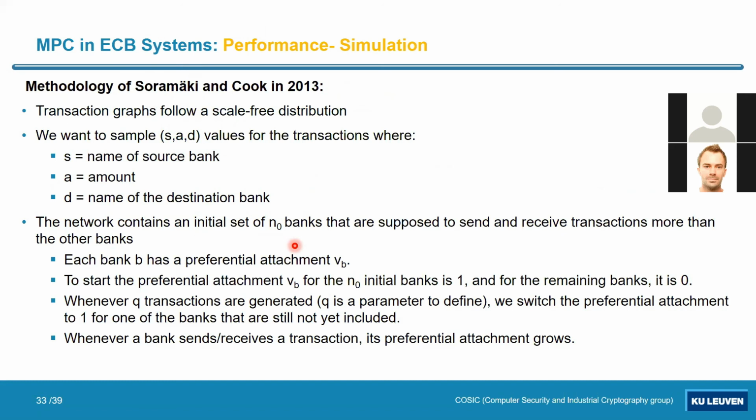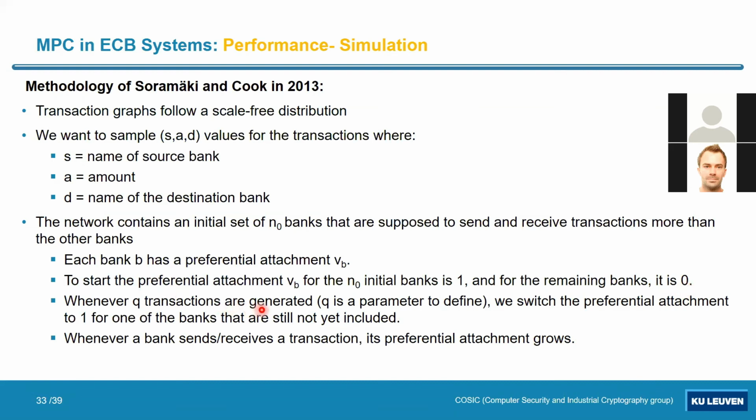So we first set them as N0 and give preferential attachment V_b to all the banks. For these N0 banks that do more transactions, we first set their preferential attachment to 1, and for the other banks we set 0.